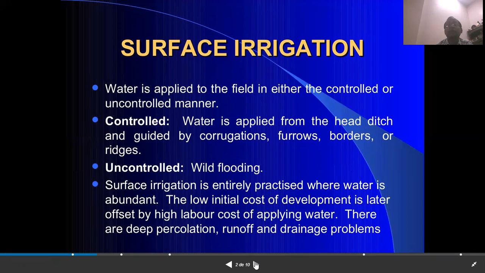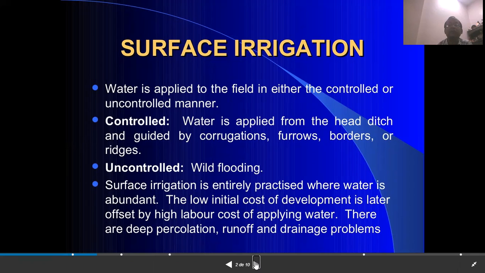Water is applied to the field in either a controlled or uncontrolled manner. In the controlled manner, water is applied from the head ditch and guided by corrugations, furrows, borders, or ridges. Uncontrolled is wild flooding.